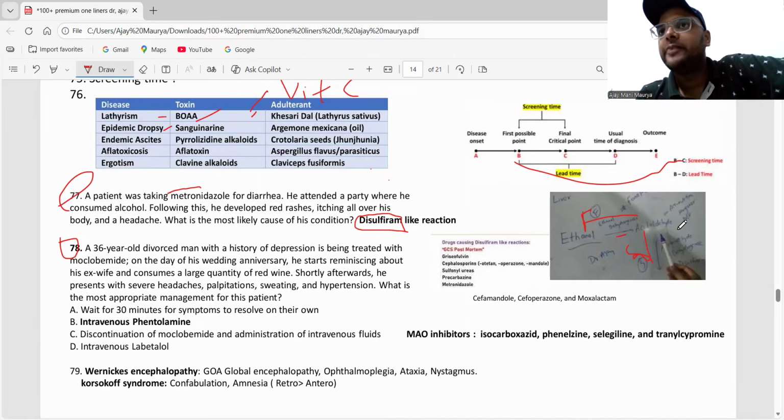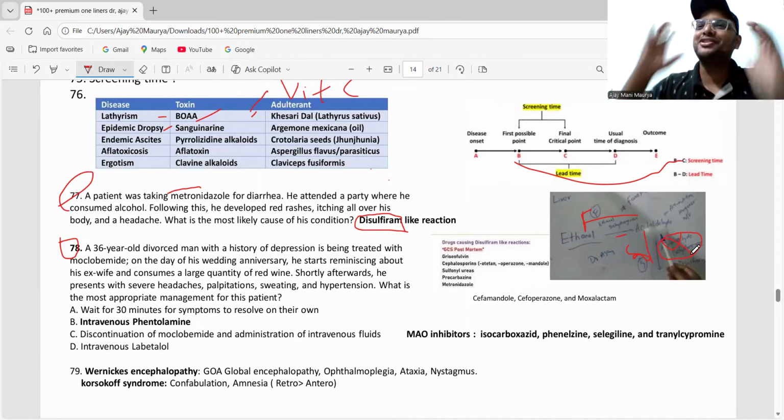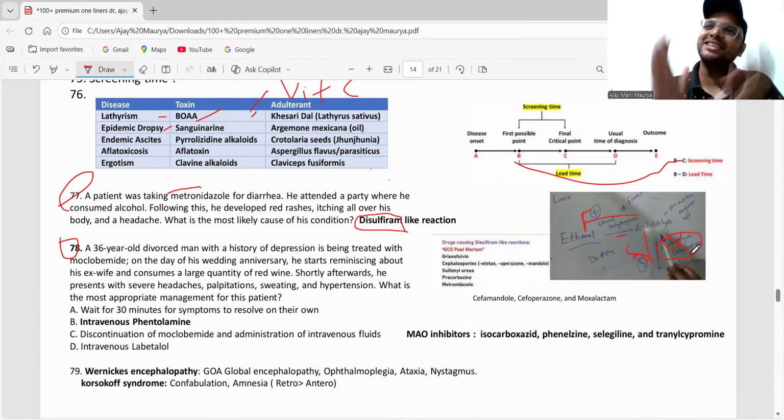It will act on acetaldehyde dehydrogenase. If it blocks this one, oh my God, this reaction is very slow. This reaction is very slow.